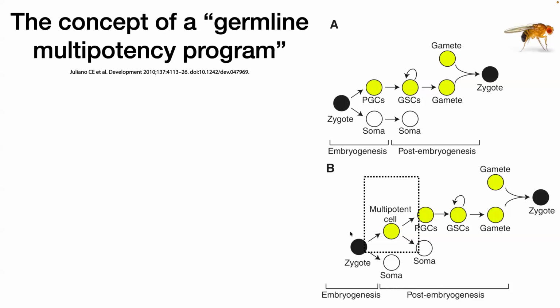And these would be the multipotent cells that are boxed in this lower scheme. Up here, you see the scheme we just saw in the fruit fly, the zygote giving rise to the primordial germ cells, germline stem cells, and the germline proper.